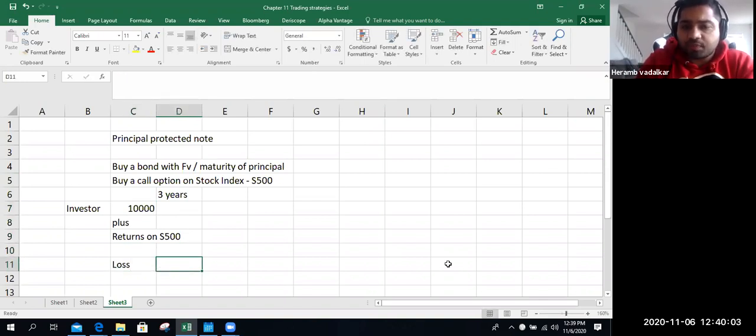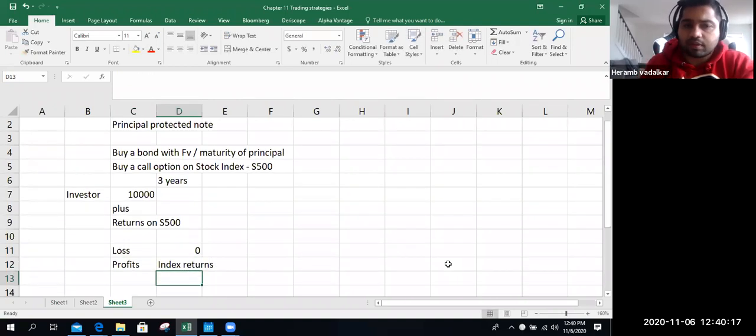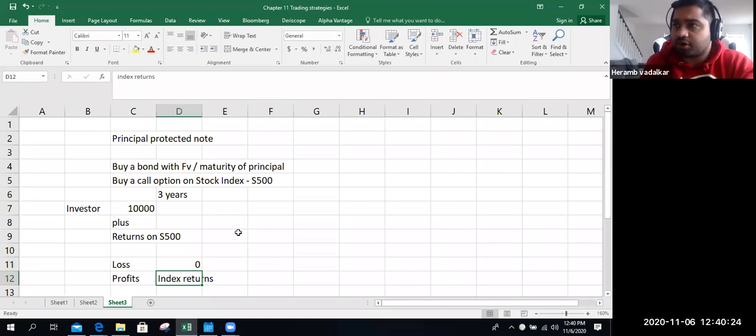Loss is zero. You never lose money on a principal protected note. And profits are index returns. So you don't lose money, but you may make index returns.